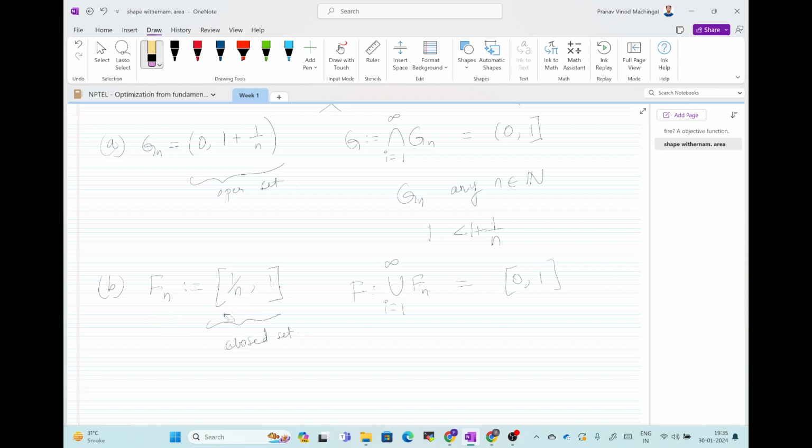For 0 to be part of the union, it should be part of at least one set. But we don't have any set for which 0 is part of it. So it will be open here. So 0 is less than 1 by n for all n.